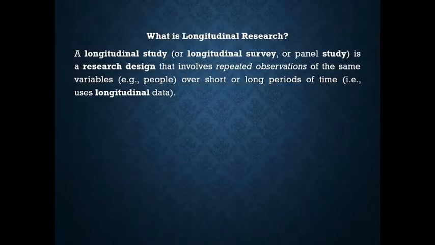While on the other side, the longitudinal is that type of a study in which researchers study any population repeatedly, and it involves repeated observation of the same variable or same population. And this is actually a lengthy study, and it's opposite to that of cross-sectional, which is actually a short study.